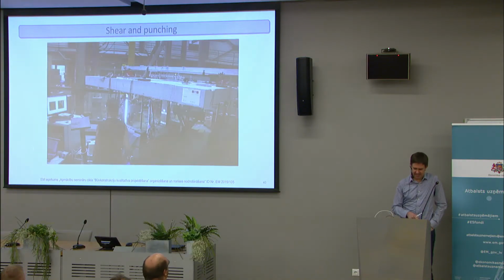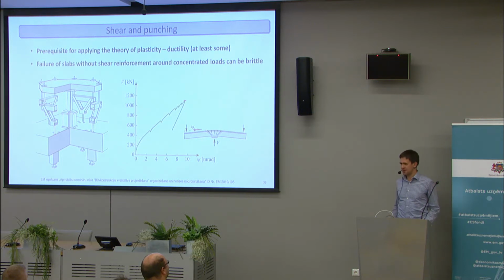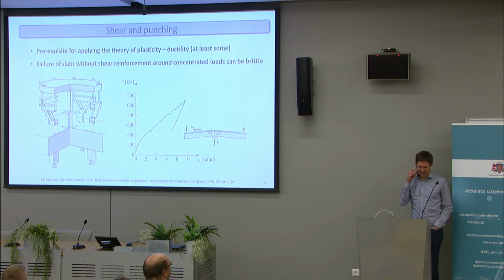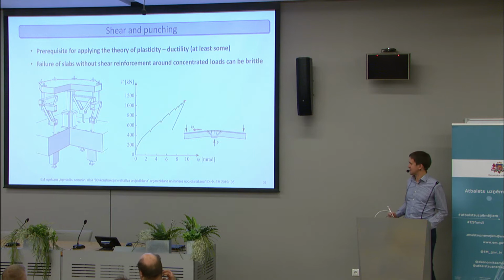So this means that punching and shear failures actually punch a hole into the theory of plasticity. If we don't have ways to be sure that they don't occur, then they limit the applicability of the whole theory that I talked about before.